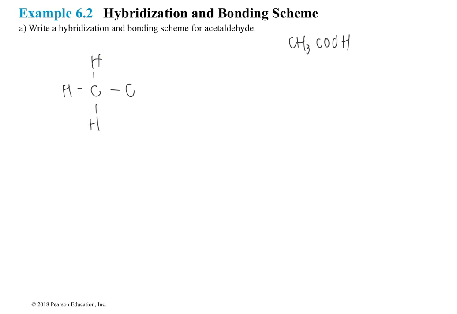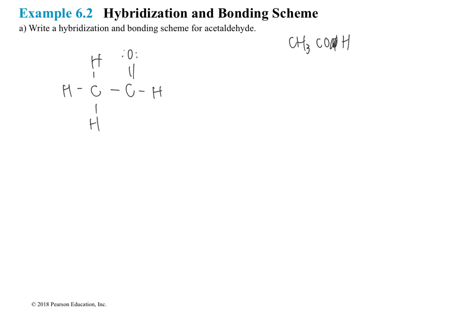CH3COO. Nope. It's not COOH, it's just CH. So we'll have that be an H. Okay, so these, I would give you this kind of formula because it's pretty tricky to get at this point.